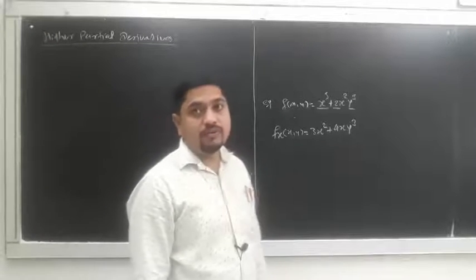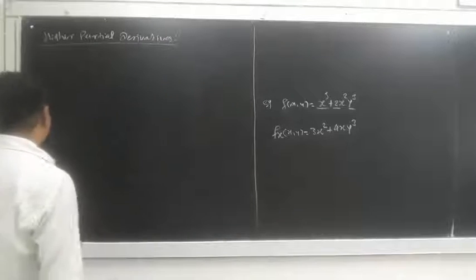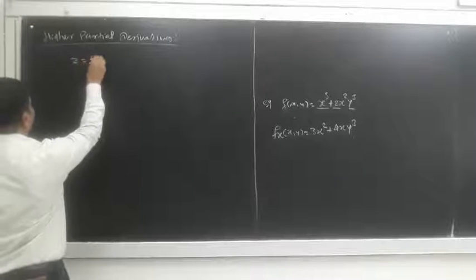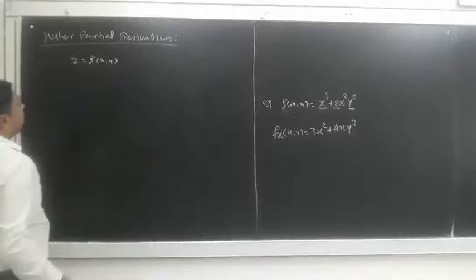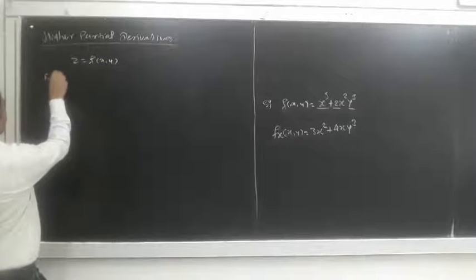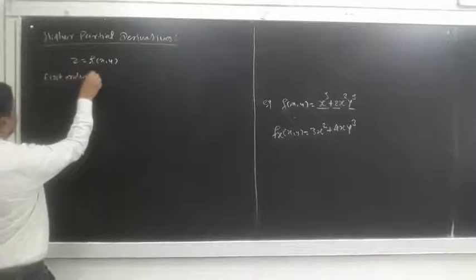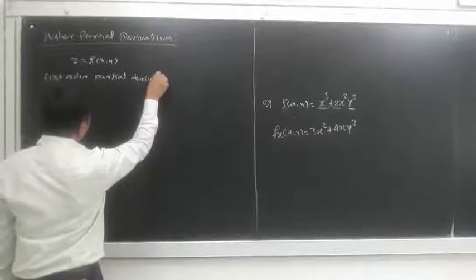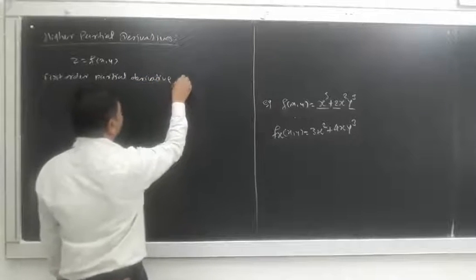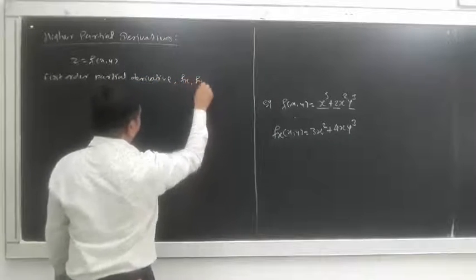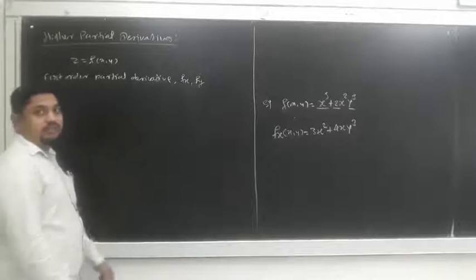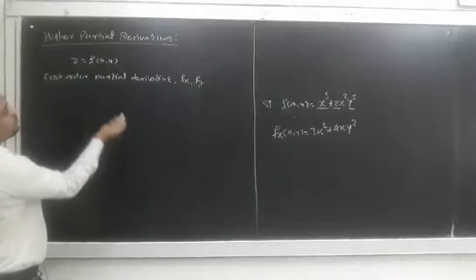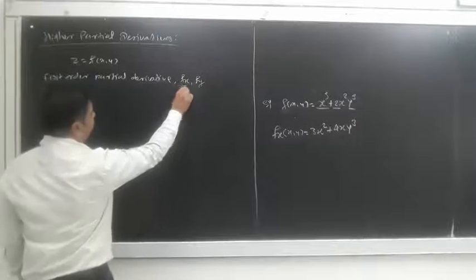Suppose we have z is equal to the function f of x, y. Then the first order partial derivatives are fx and fy. Then for second order, we again have to find the derivative of fx.